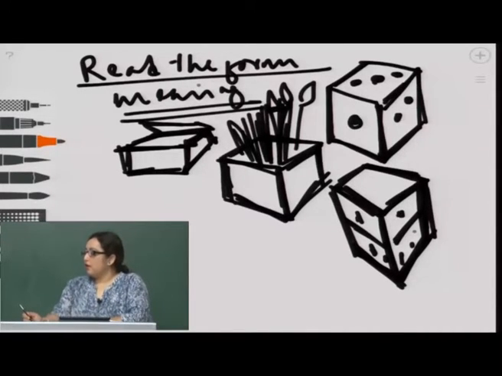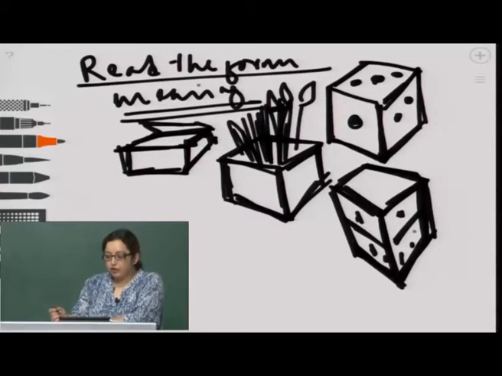So, these forms are more or less analogous. So, that is how we create analogy in a form. Let us realize that with more examples.